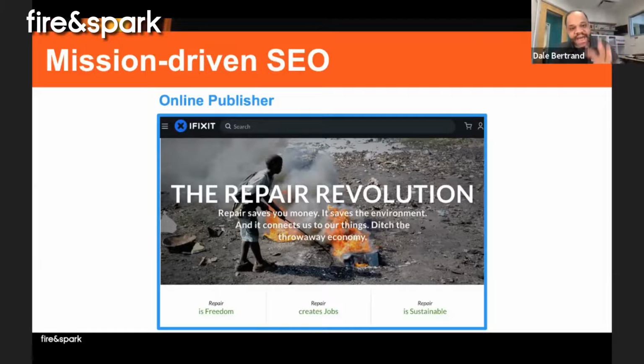So they do so much advocacy around that issue that they get authority and trust, and they use that to rank really well for searches related to the parts that they sell, and that's how they make their money. So that's their mission. They actually chose this cause that they care about.